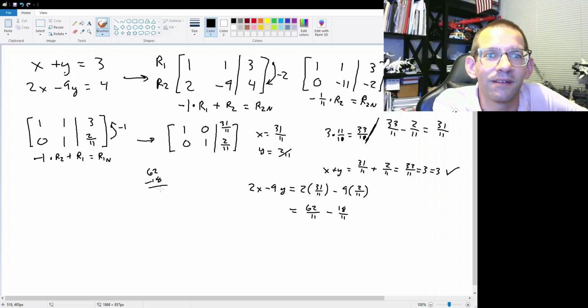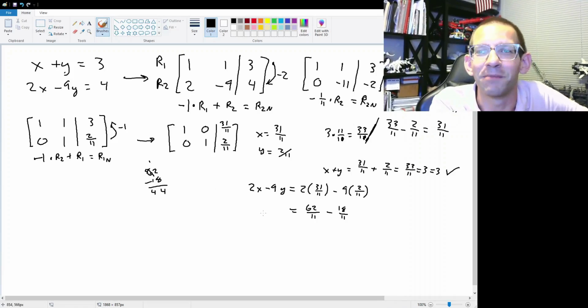It's going to be 8 goes into 12 and gets 4 left over, and then you got your 1 over here, so 44. I don't like numbers. I like letters and stuff. I'm a math magician. So this is 44 over 11, which is equal to 4.